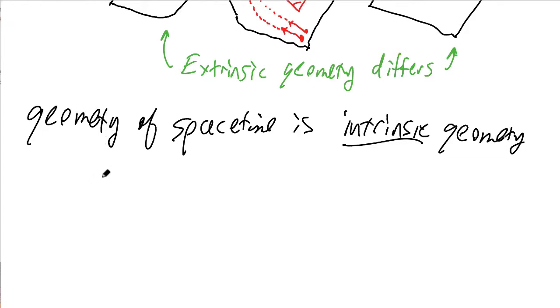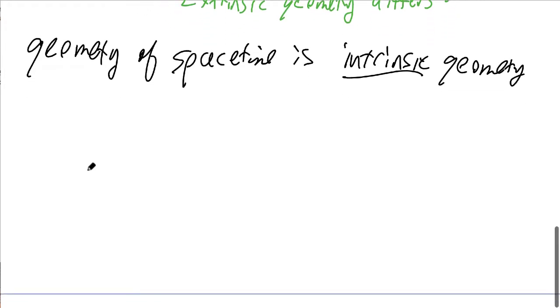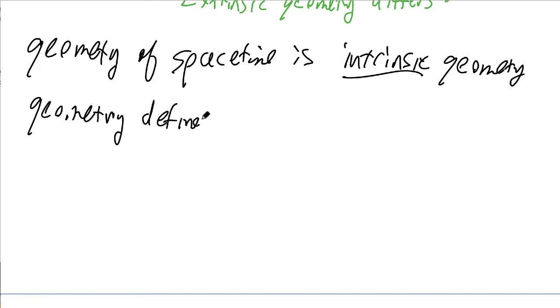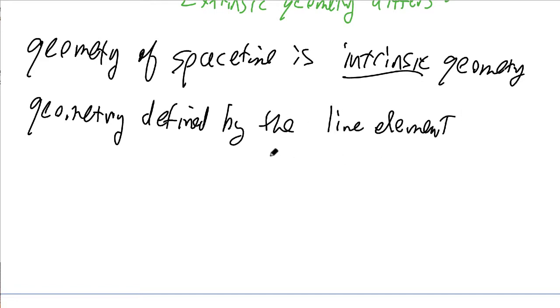So how do we define mathematically the intrinsic geometry of a space or space-time? Well, the geometry is defined by what's called the line element. Okay, and the line element gives the distance between neighboring points. And for this purpose, we need to introduce a set of coordinates into the space.